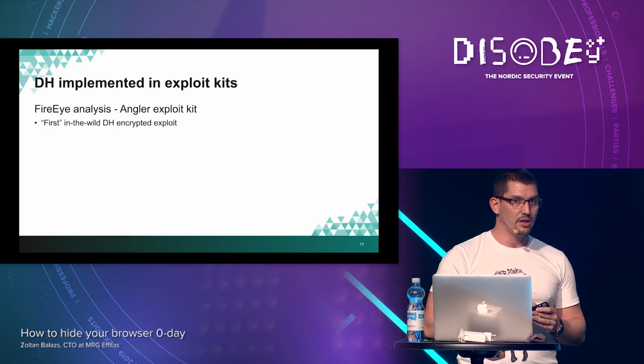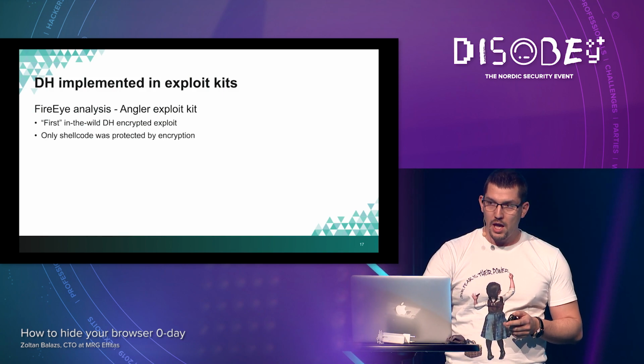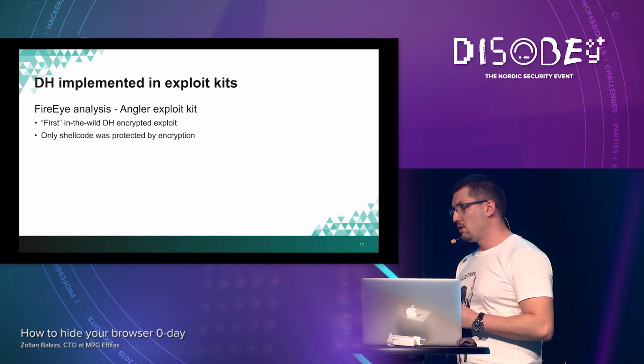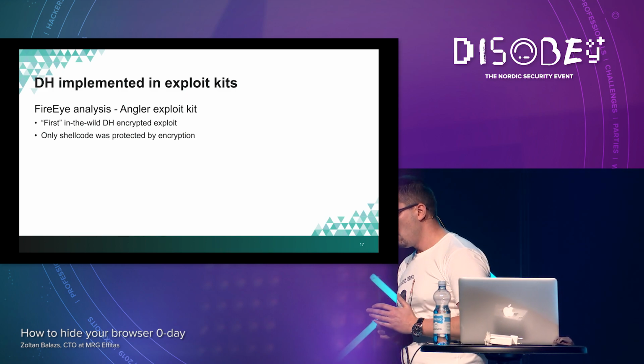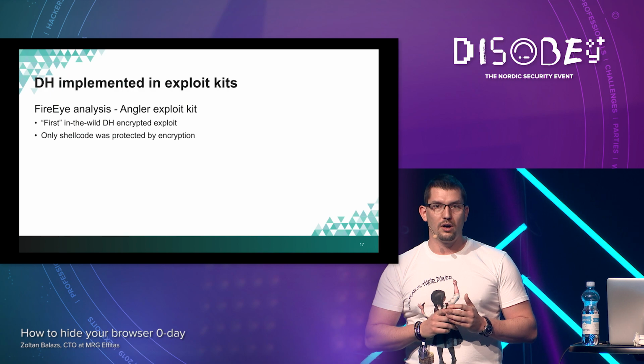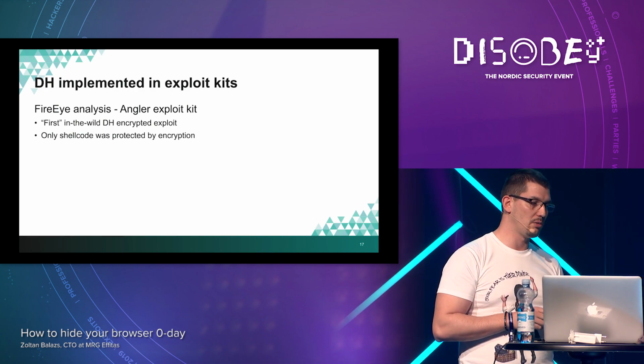The guys were using just the plain Diffie-Hellman encryption, not the elliptic curve one. And they didn't use any zero-day in this exploit, but they did hide their shellcode with the encryption.